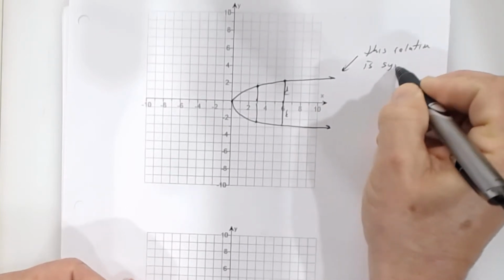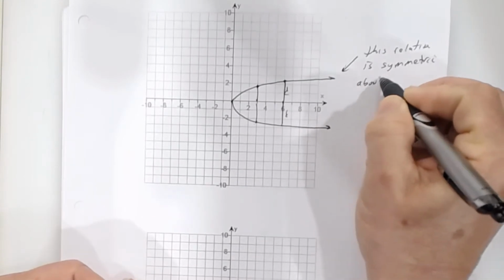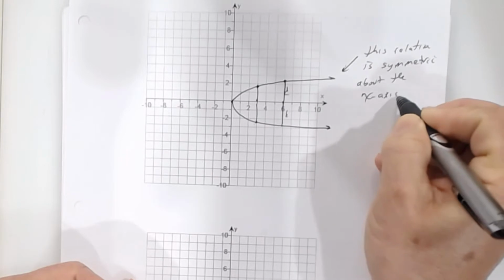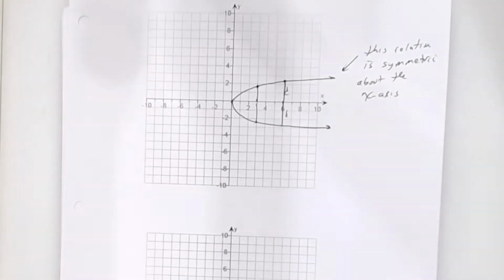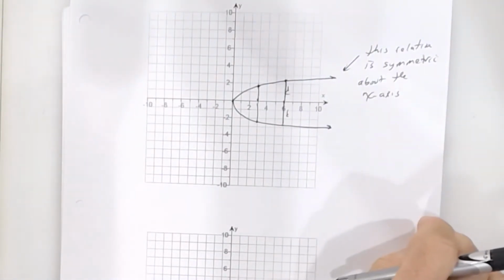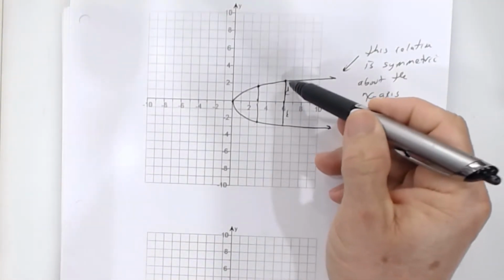So this relation is symmetric about the x-axis. All right, so that relation is symmetric about the x-axis. All right? Okay, now, we're going to come back, probably not today, but tomorrow, and we're going to actually look at these points, and talk more about these points.